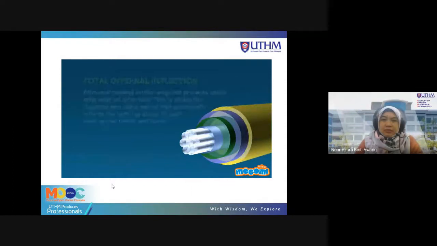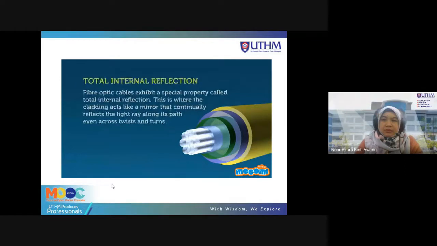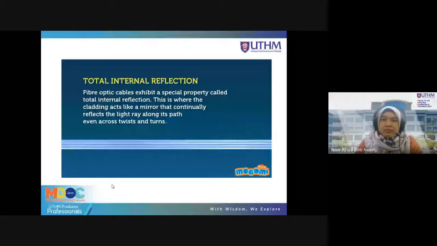Fiber optic cables exhibit a special property called total internal reflection. This is where the cladding acts like a mirror that continually reflects the light ray along its path, even across twists and turns.